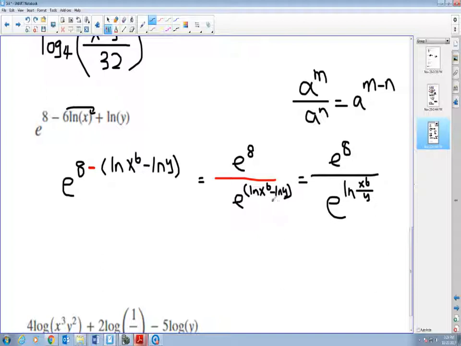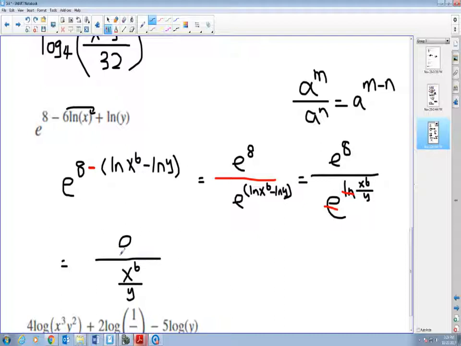Subtraction between two natural logs, we can condense them back to a single logarithm. Natural log and e will cancel out. So the bottom should just be left with x to the 6 over y.